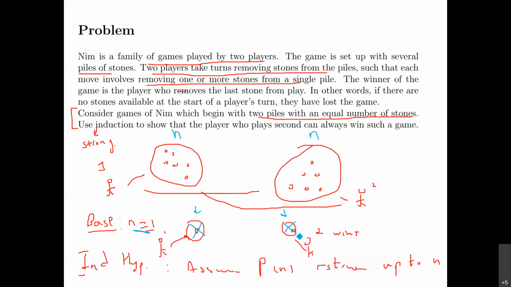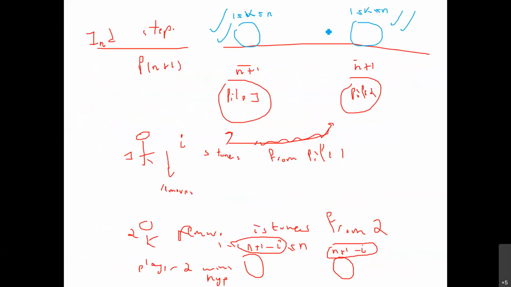Induction hypothesis, assume it's true up to n. So whatever pile that you have that's less than n stones, player 2 wins here. Okay, now when we wanted to prove it for n plus 1, we simply said, whatever player 1 removes, i stones, player 2 removes the same amount from the other pile.